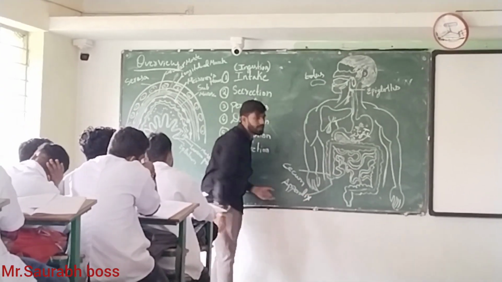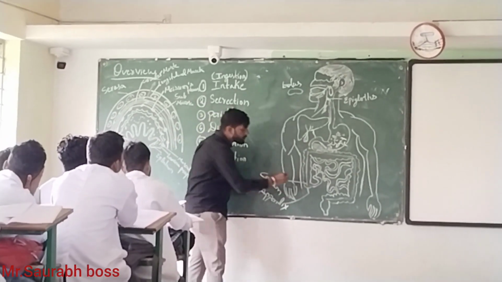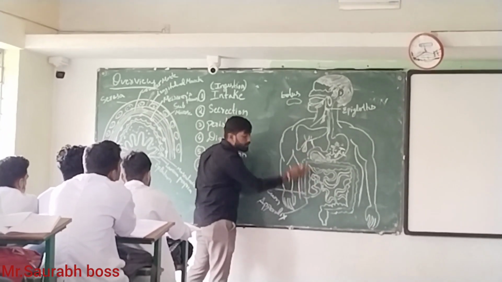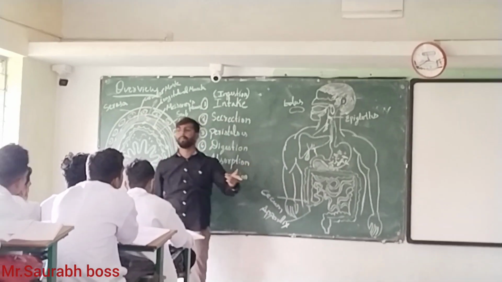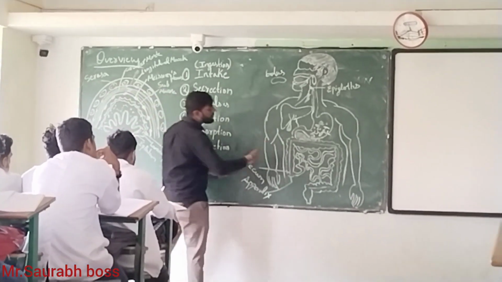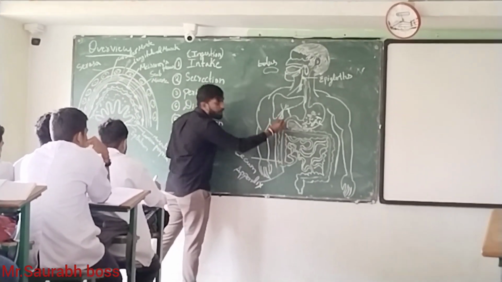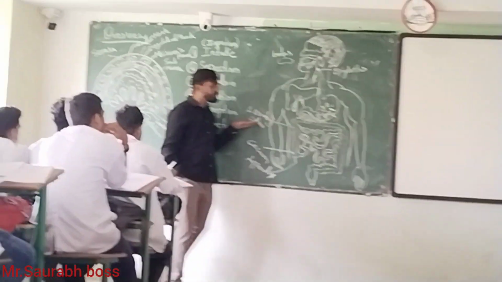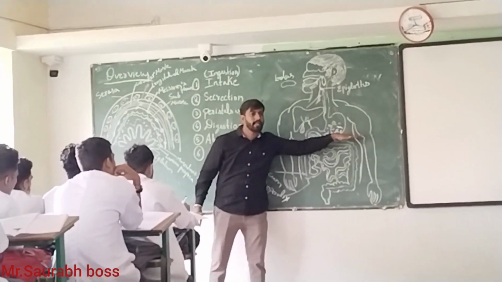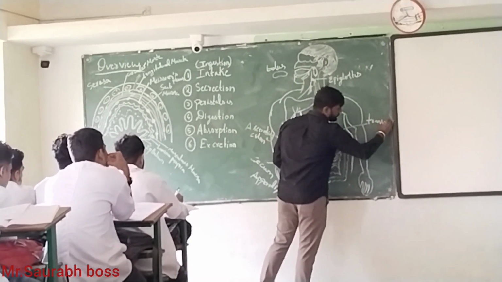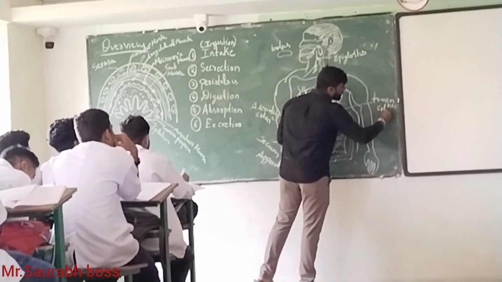What do you call that one? Appendix. Okay. This large intestine starts from down, right? Another name for the large intestine is colon. Remember, large intestine, another name, colon. If it goes from down to upwards, we call it the ascending colon. If it is in a cross section, or transverse, we call it the transverse colon.